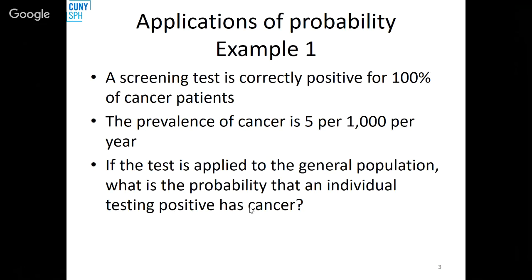If the test is worth anything, it should be higher than 5 in 1,000 after you test positively. But you do a good job of bringing in the fact that the prevalence matters. Any other ideas?